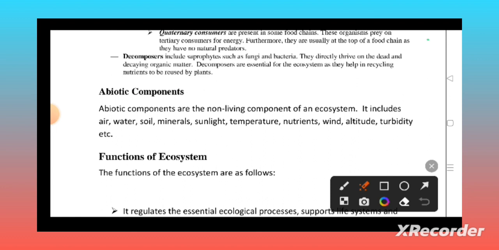Let's come to the abiotic factors. As we know, they include air, water, soil, minerals, sunlight, temperature, nutrients, wind, altitude, turbidity, etc. Let's see the functional role of an ecosystem.